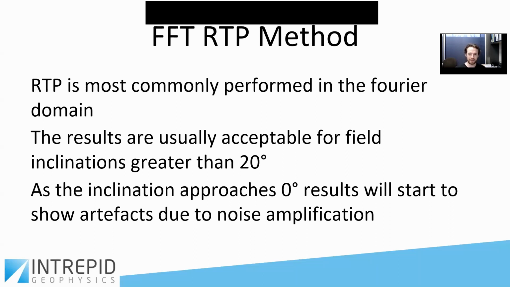So it's really not necessary unless you're looking at data sets that have been gathered near the magnetic equator, or areas where the inclination is at the magnetic equator. But generally anything below or above about 20 degrees inclination would be totally fine. Just use the Fourier domain method.